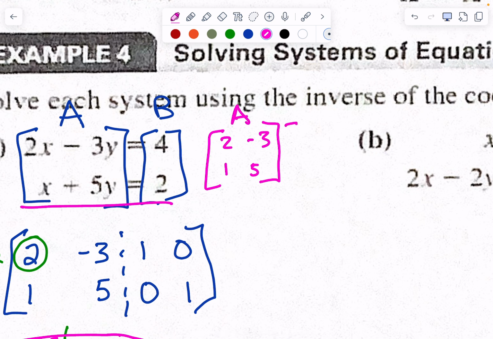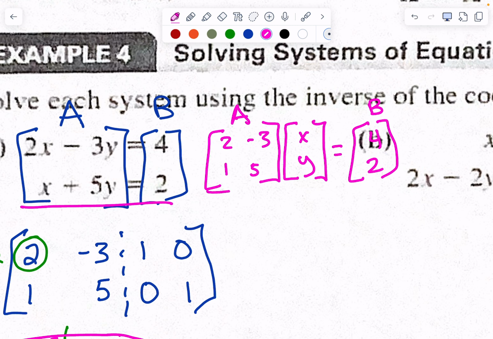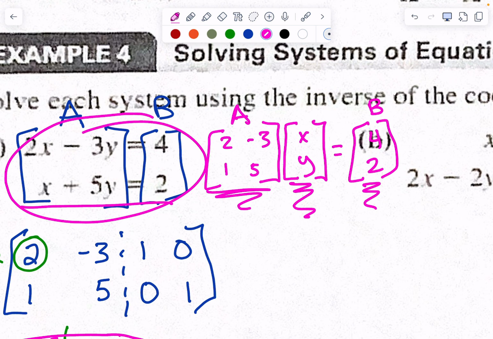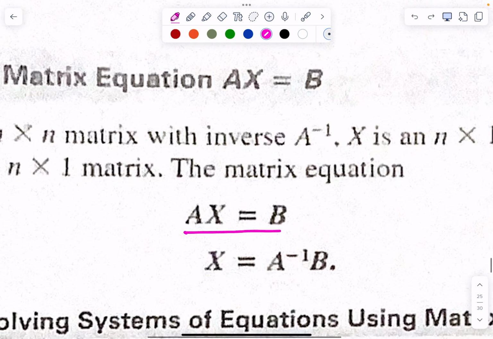If I multiply it by the XY matrix, it gives me the B matrix, which is 4, 2. That's another way of writing this whole thing in matrix form, right? If I take A times the XY matrix, it gives me 4, 2. So in other words, A times X gives me B.